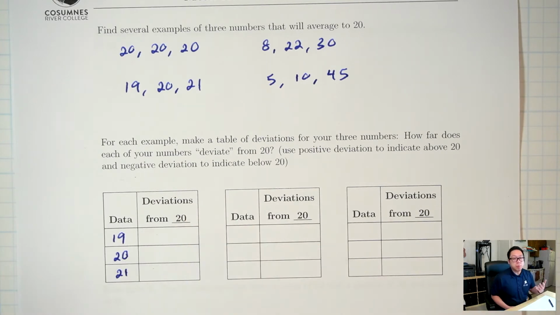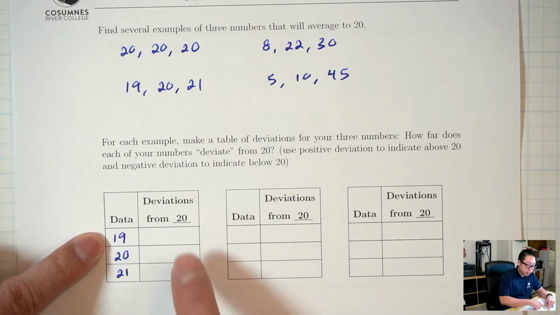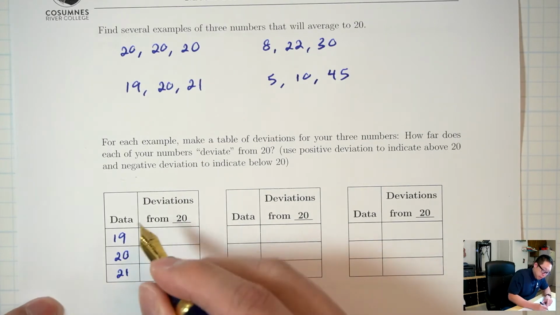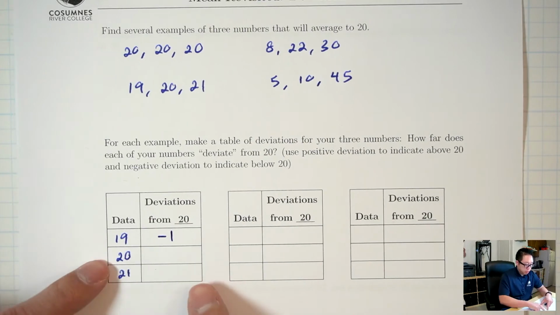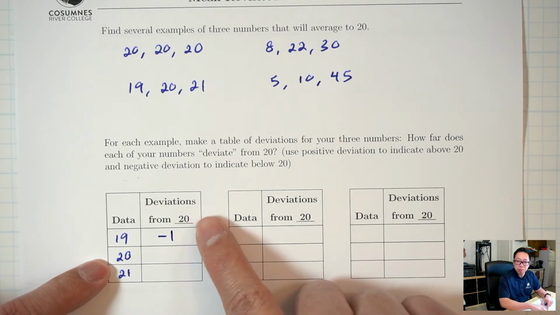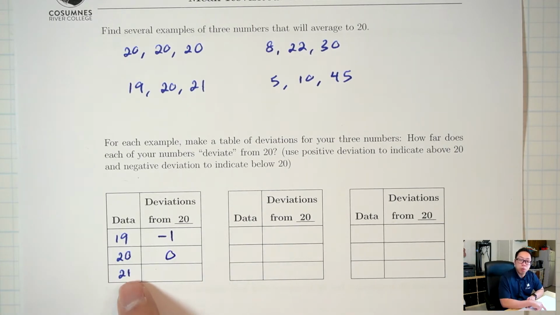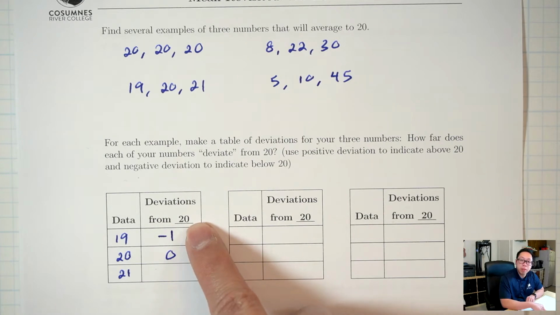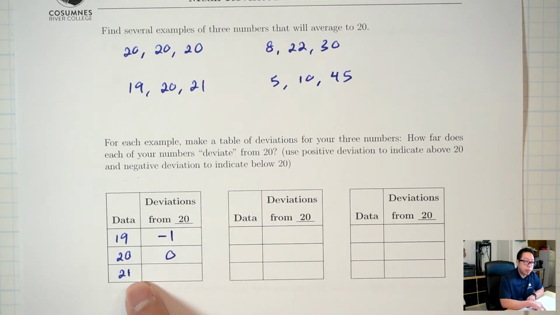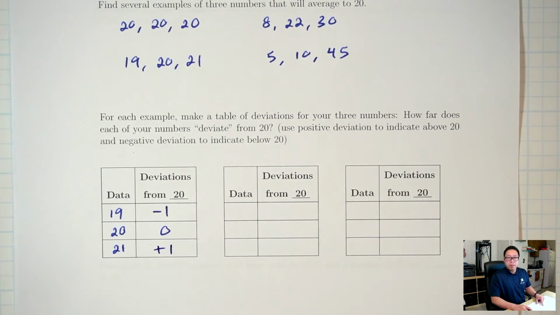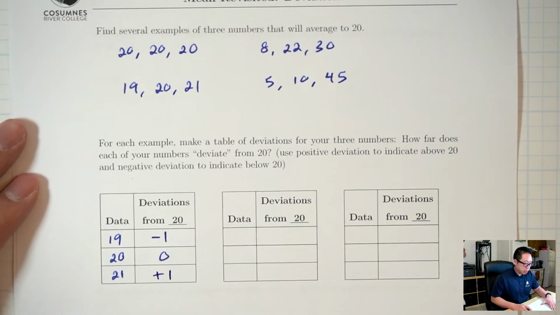Okay, and then we're going to use positive, negative numbers to indicate whether it's below or above. So 19 is 1 below 20, so that means it's -1. 20 is 0 distance from 20, so that's going to be 0. And then 21, how far is 21 from 20? 21 is 1 above. Okay, so that's going to be a +1.